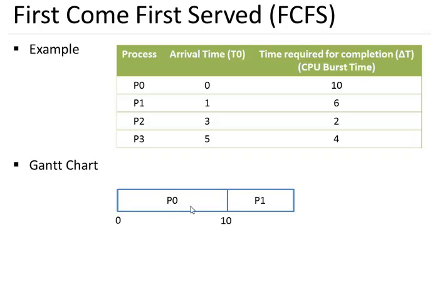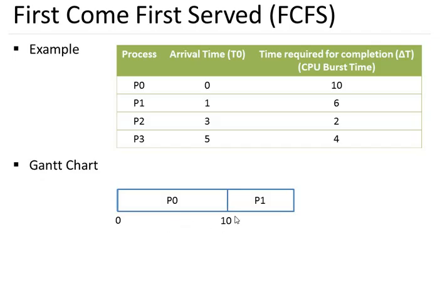Process P0 completes at 10 units. Process P1 arrives at 1, so somewhere here. Process P2 arrives at 3, somewhere here, and process P3 at 5, so that means in the middle of its execution. So all the processes have arrived.